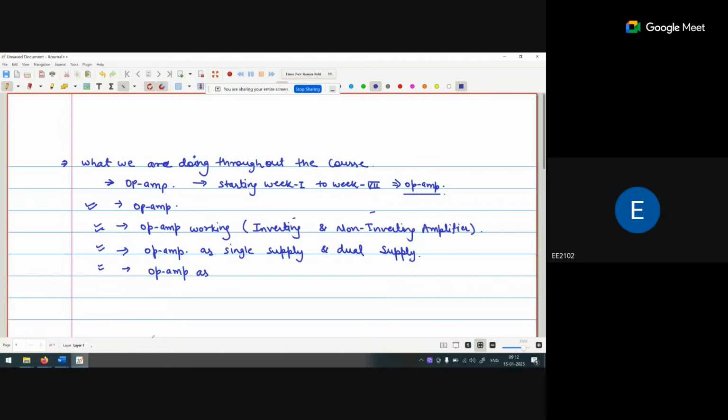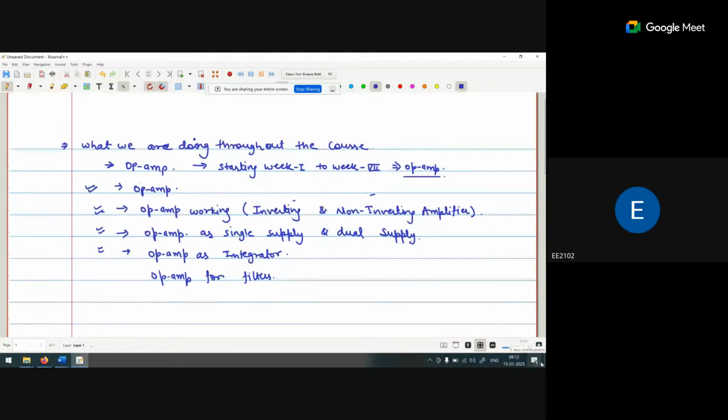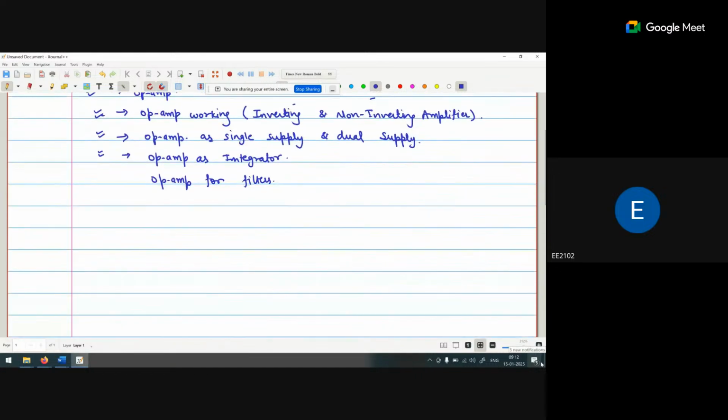op-amp as integrator, op-amp for filters. So we discuss these two applications, integrator and filters.